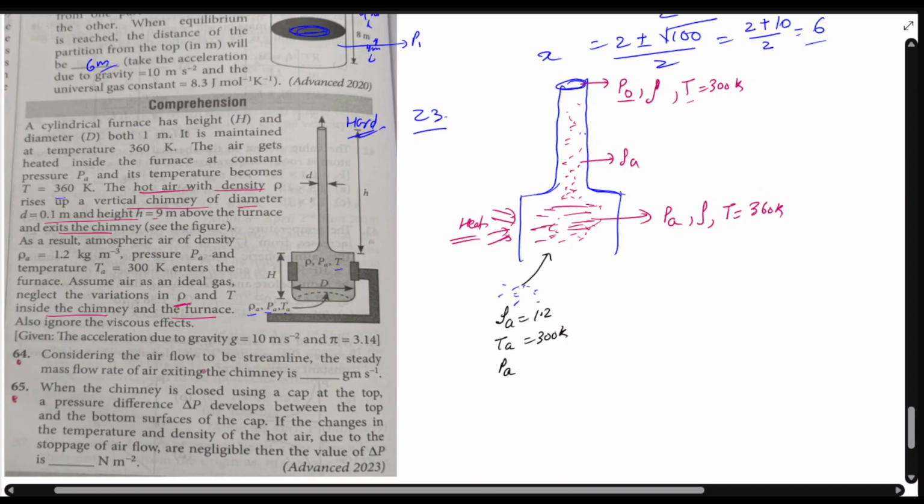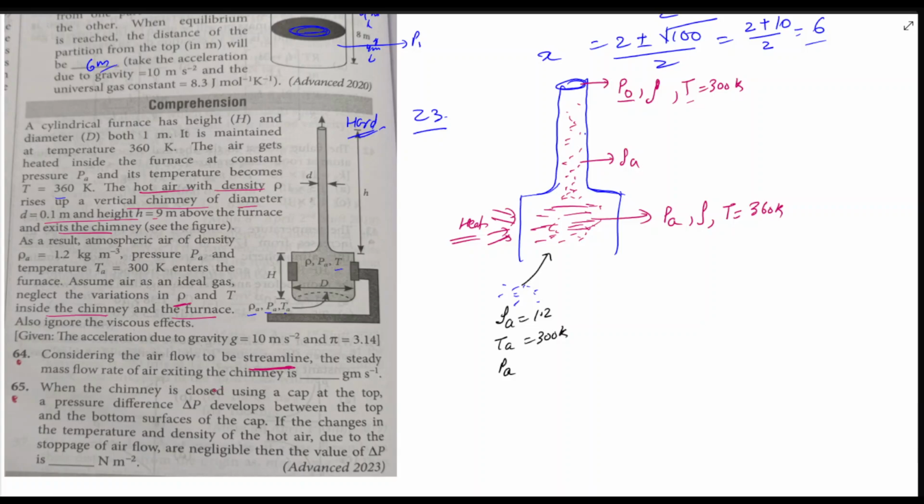Now we have to take the airflow to be streamlined, and we have to find the mass flow rate. Like here, what will be dm by dt? Now to solve this, let me mark some points or some regions, to be precise.